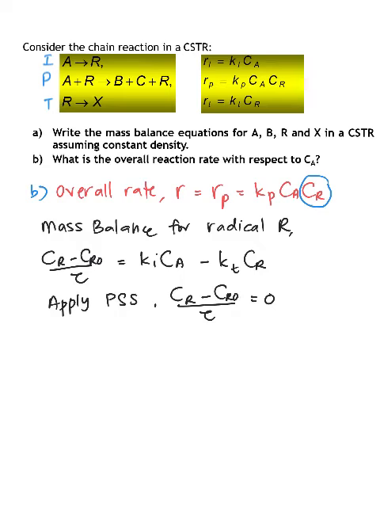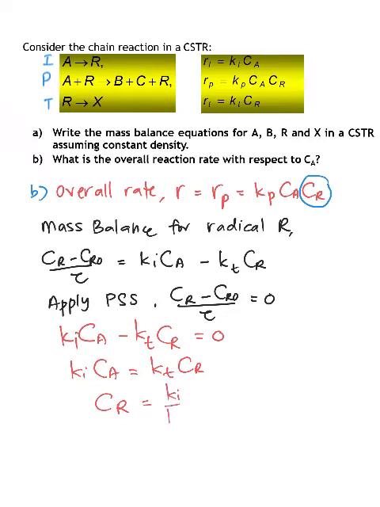Therefore, KI CA minus KT CR equals 0. Then rearrange: KI CA equals KT CR, so CR equals KI per KT CA.